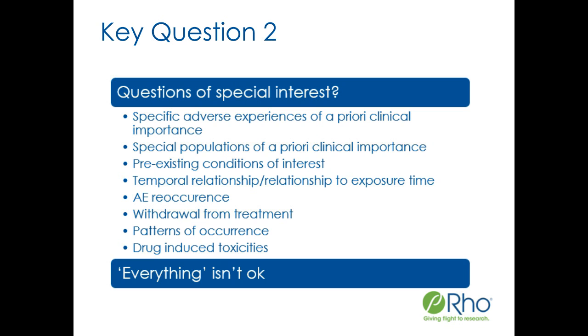There are going to be good things and potentially bad things that come out of your integrated summary of safety. The biggest thing is that you show the agency what you have and what you found, be transparent, and then any of the things that could be deemed questionable can be addressed in your risk-benefit statements.